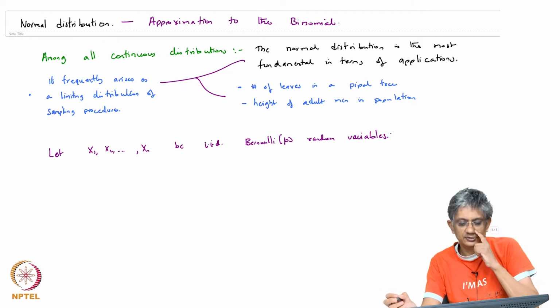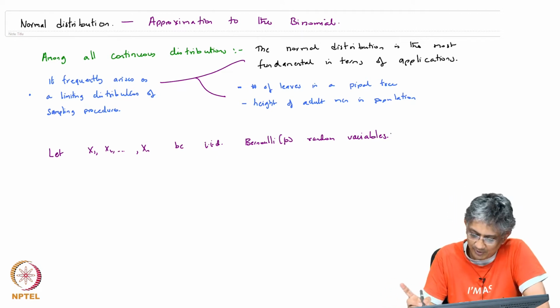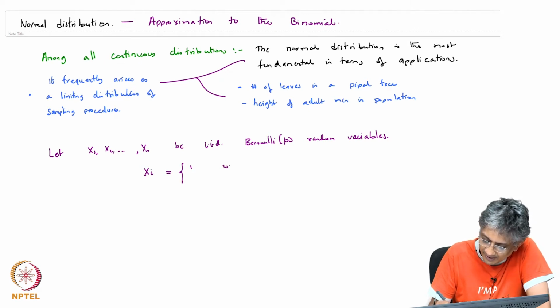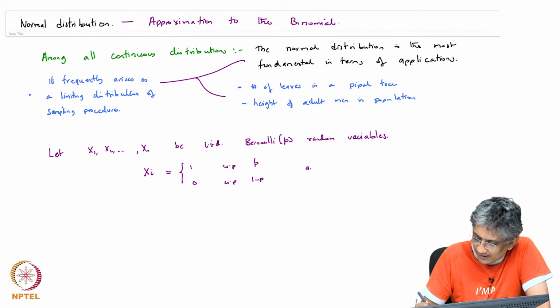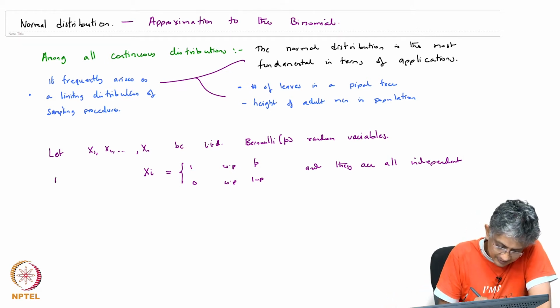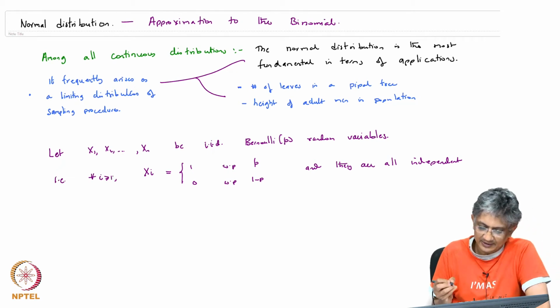So the Xi's take 0 or 1: Xi takes value 1 with probability p, value 0 with probability 1 minus p, and they are all independent, for all i bigger than or equal to 1.